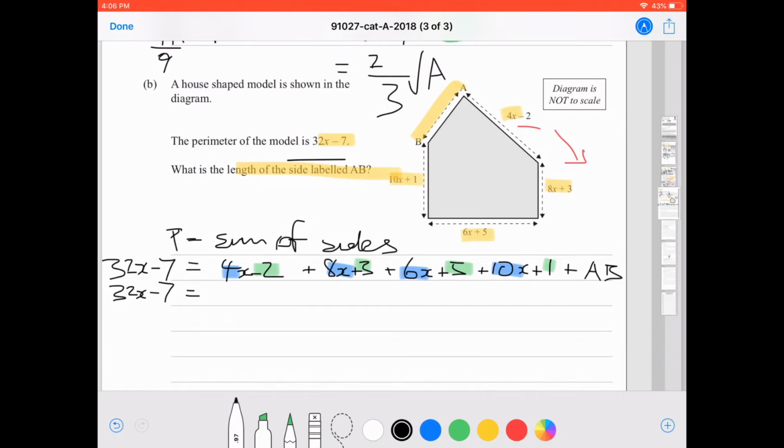Working with the blues first, so 4 plus 8 is 12, plus 6 is 18, plus 10 is 28x, and minus 2 plus 3 is 1, plus 5 is 6, plus 1 is 7. And plus AB.